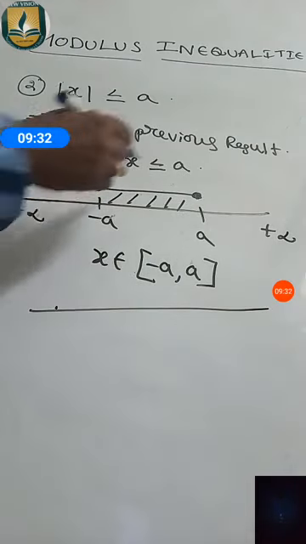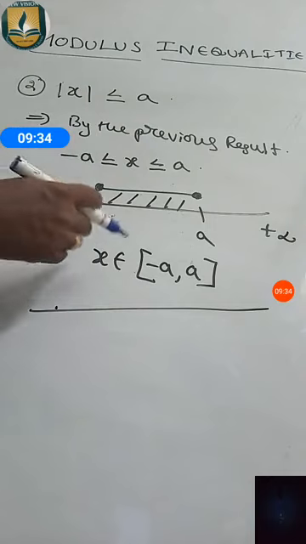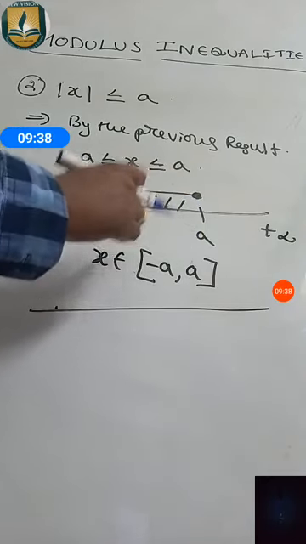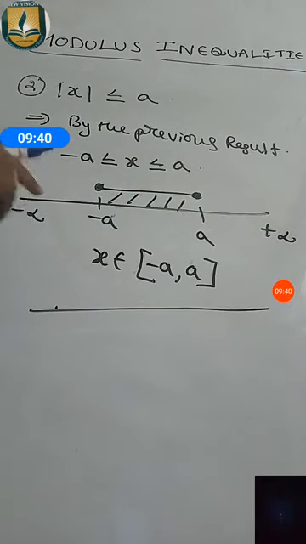Minus a and a are included, and between those values, x belongs to the closed interval minus a to a. That means minus a and a are included, and all the real numbers between minus a and a are there.